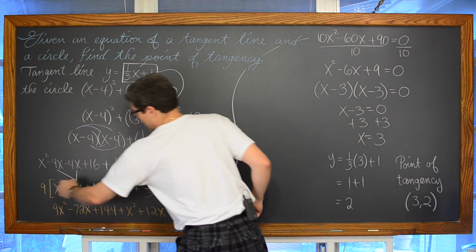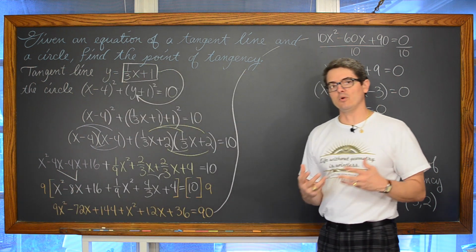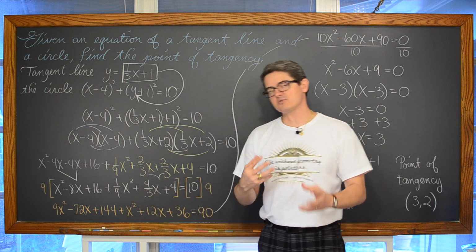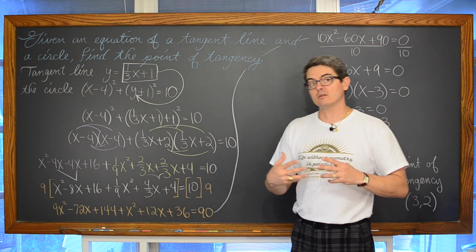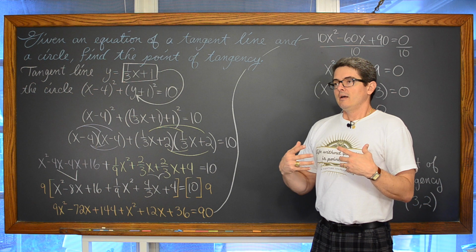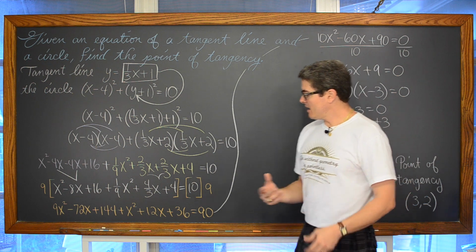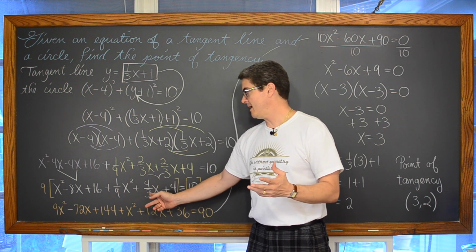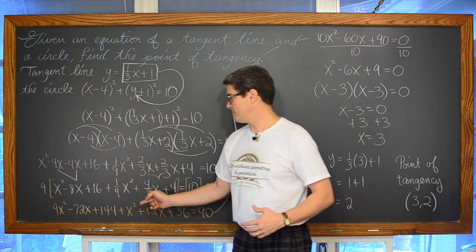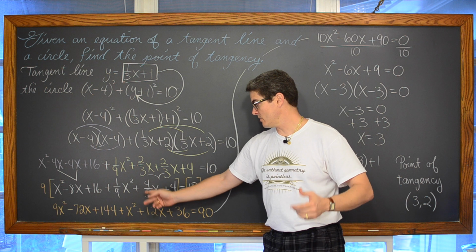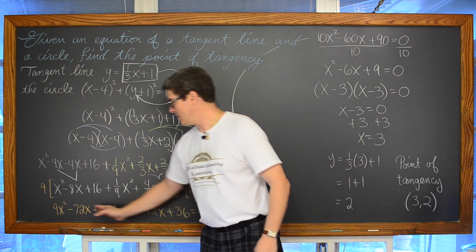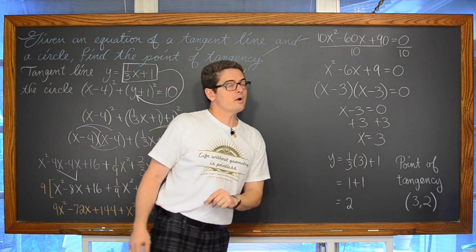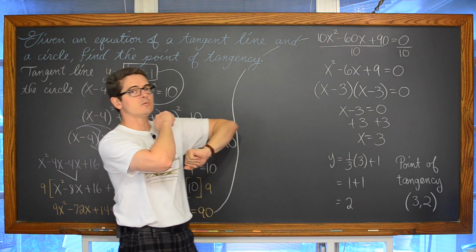Then you saw me multiply both sides of the equation by 9. Well, 9 is the lowest common multiple between 9 and 3. Those fractions, if you don't want to work with them, get rid of them. And if I multiply by 9, then the division of 9 will cancel away completely here, and 9 divided by 3 is 3, and then 3 times 4 is equal to 12, and again, we then need to combine all of our like terms, and we get 10x squared minus 60x plus 90 is equal to 0.